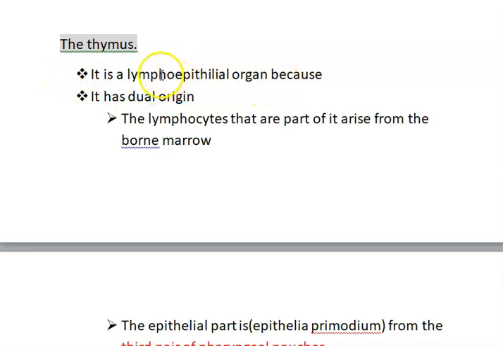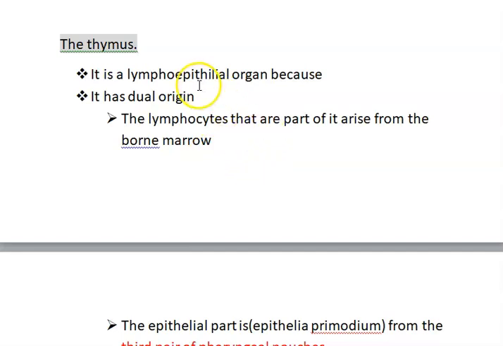lymphoepithelial organ. Lympho refers to the lymphocytes, epithelial refers to the epithelial primordium. So it has the epithelial primordium as well as lymphocytes as what makes it up.